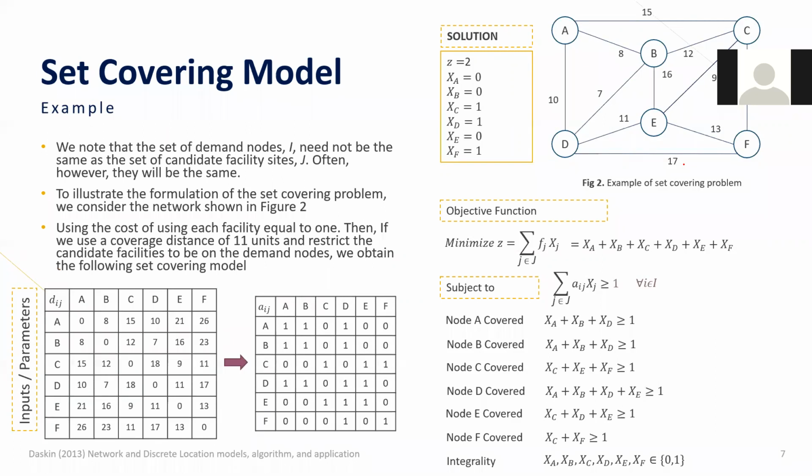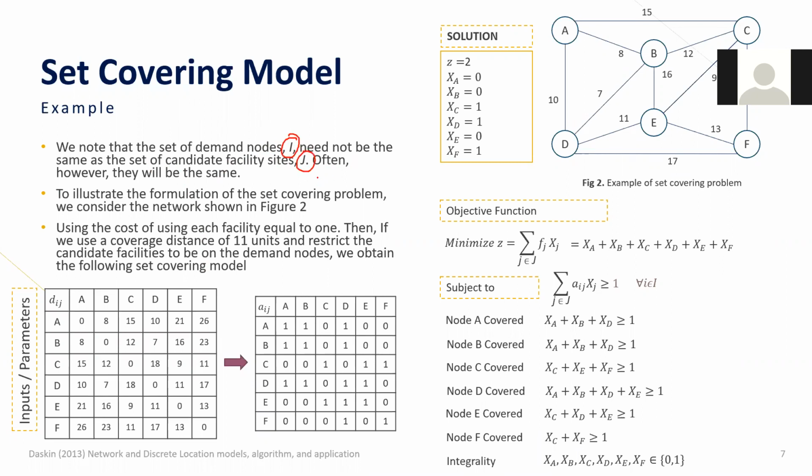Next, let's try to use those models and implement them in a very simple example of set covering problems. Okay, first we see that we will have a set of demand nodes I and J, right, in the general models.